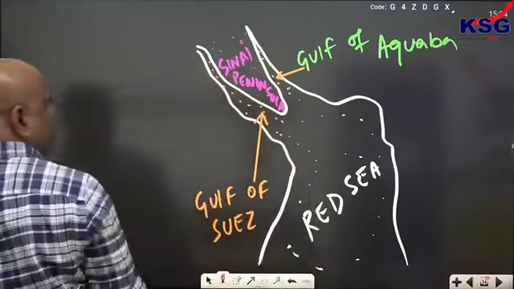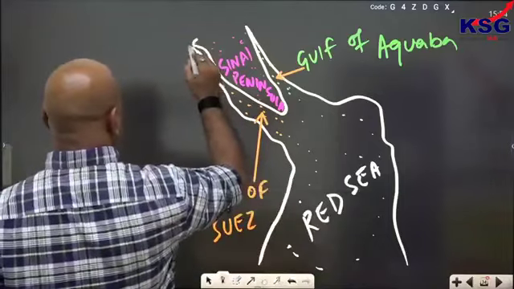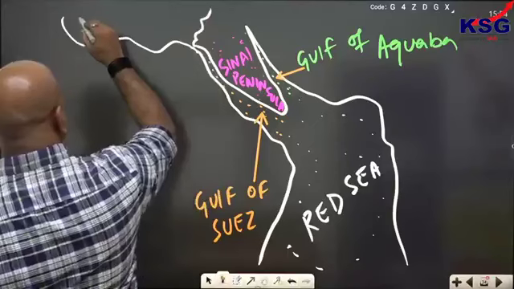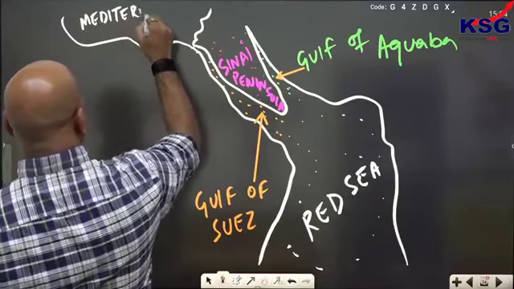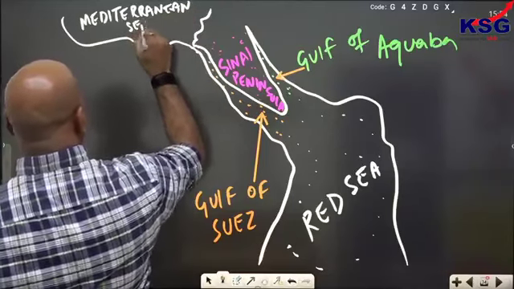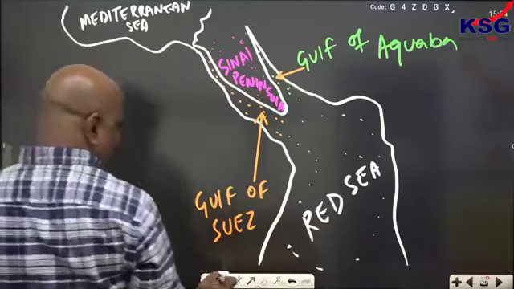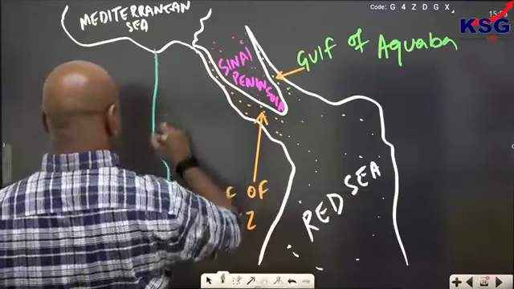राइट। नाउ इफ यू लुक एट दिस रीजन्स हियर, this is the Mediterranean Sea regions, and a river here is draining. कौन सा river है?